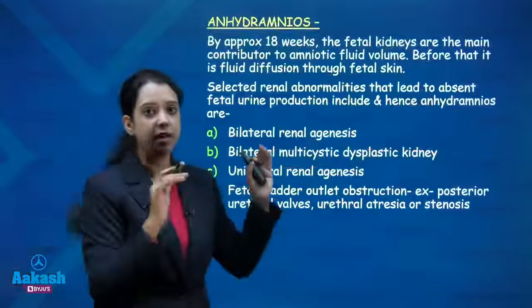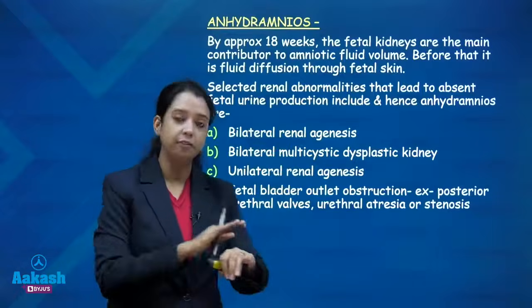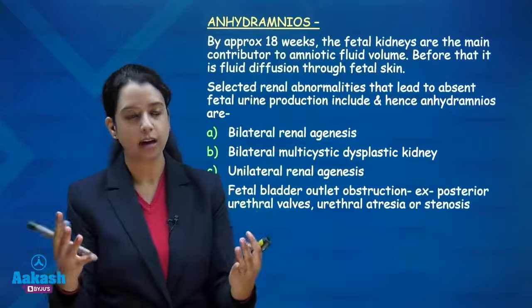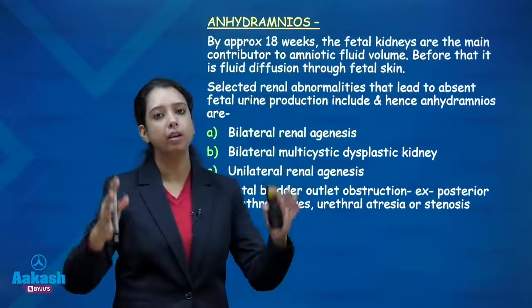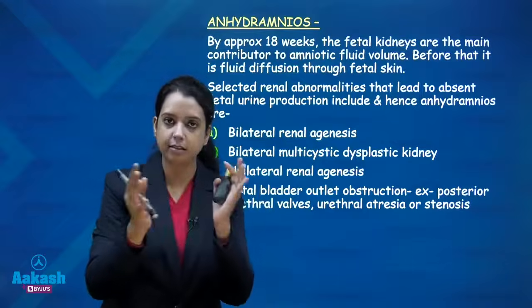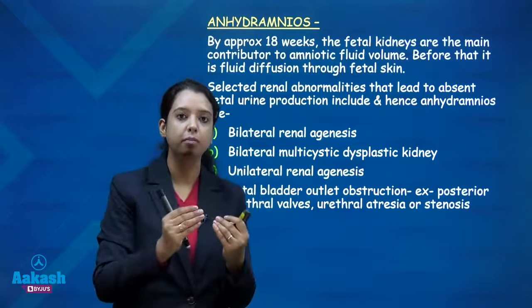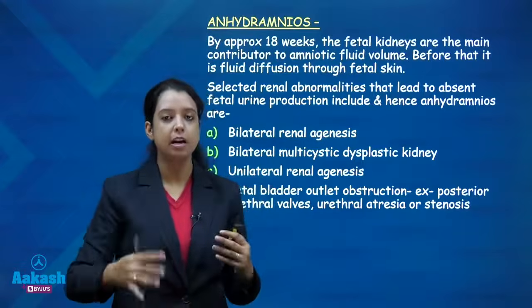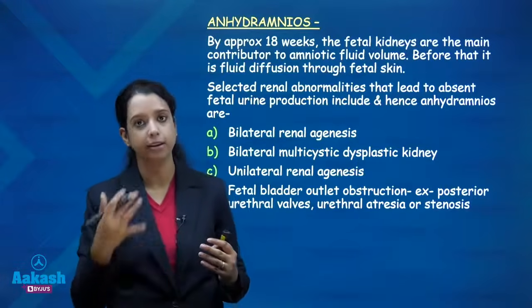Now, it has been seen that before 18 weeks, the fetal skin diffusion is the source of your amniotic fluid. After 18 weeks, fetal urine is the major contributor of amniotic fluid. So, if it is seen that in early pregnancy, before mid-trimester, amniotic fluid is less or absent, it means there is a problem with fetal urination. Okay.